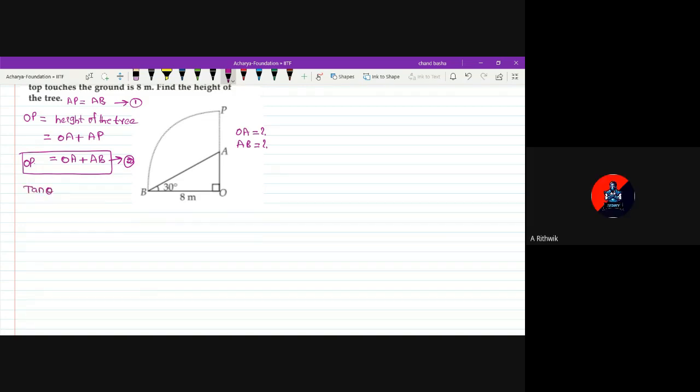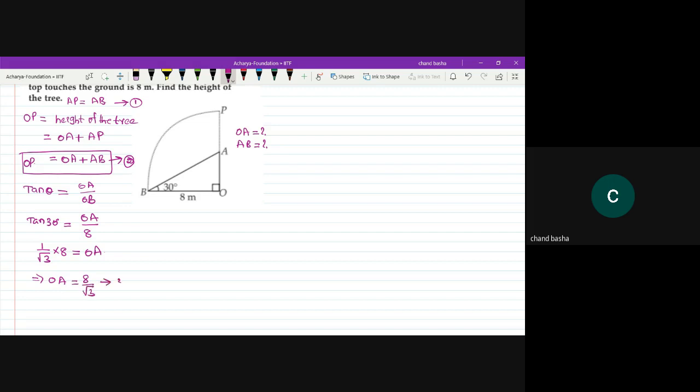Yes, sir, tan theta, that is OA upon OB. Tan 30 degrees is equal to OA divided by OB, where OB is 8. It is 1 divided by root 3 into 8, equal to OA. So OA is equal to 8 divided by root 3. This is the first part.